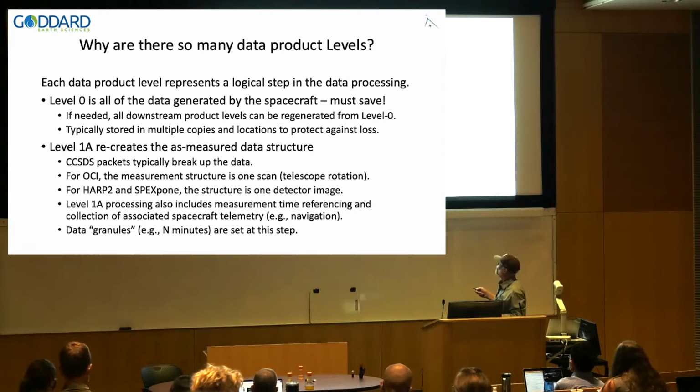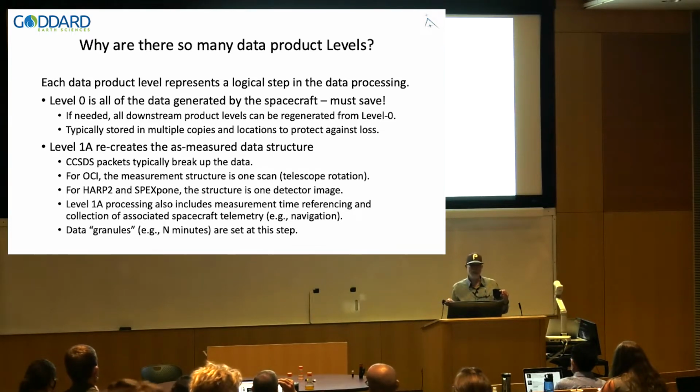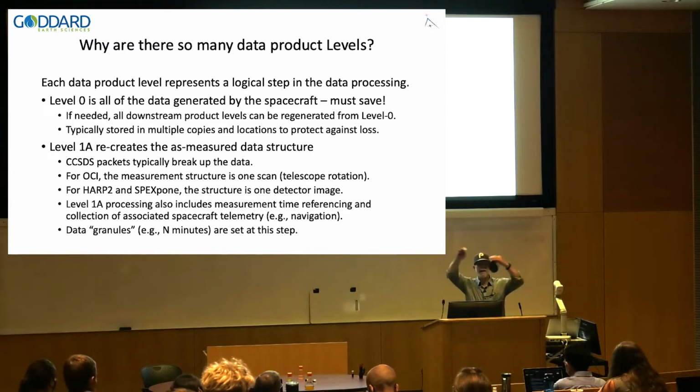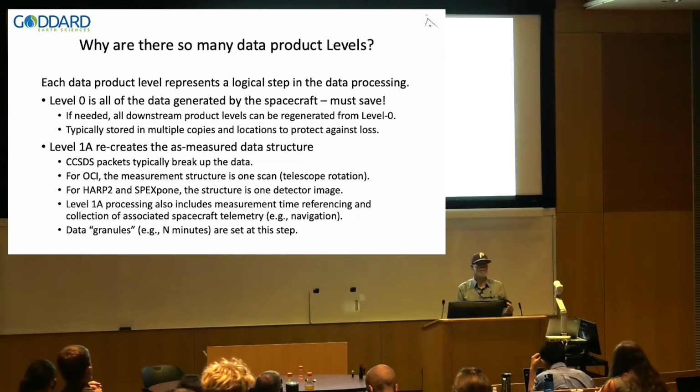All right. Level 1A, the data are taken in a logical structure. In the case of a scanning instrument, a logical data unit would be one scan, or in this case, we say for OCI, one scan is one rotation of the telescope. So that is a set of data, a set of pixels, one line for all of the spectral bands.